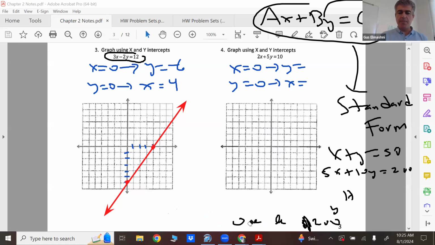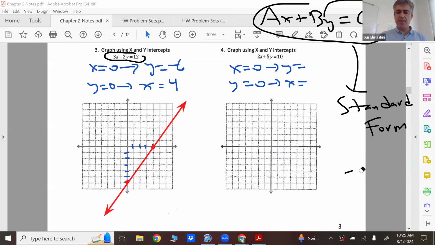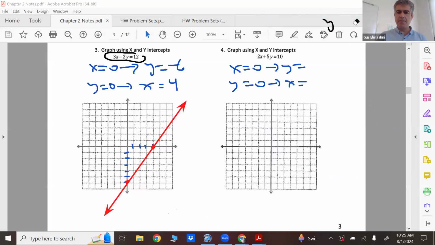And if you're trying to graph them, using x and y intercepts probably is a little easier because you don't have to get y by itself, as in slope intercept form. So anyway, let's find the intercepts here. If I put in 0 for x, y should be 2. Plug in 0 for y, x should be 5.